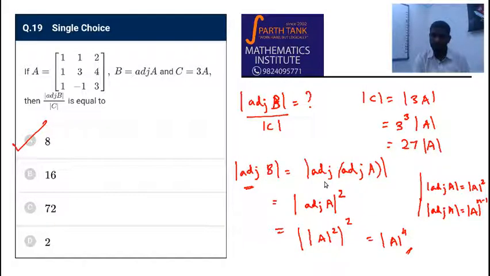Remember, the determinant of adjoint of A is determinant of A the whole squared for 3 by 3 matrices, or n minus 1 in general. So generally, adjoint of A is going to be A to the power n minus 1, the whole to the power n minus 1. So it becomes A to the power n minus 1, the whole squared.